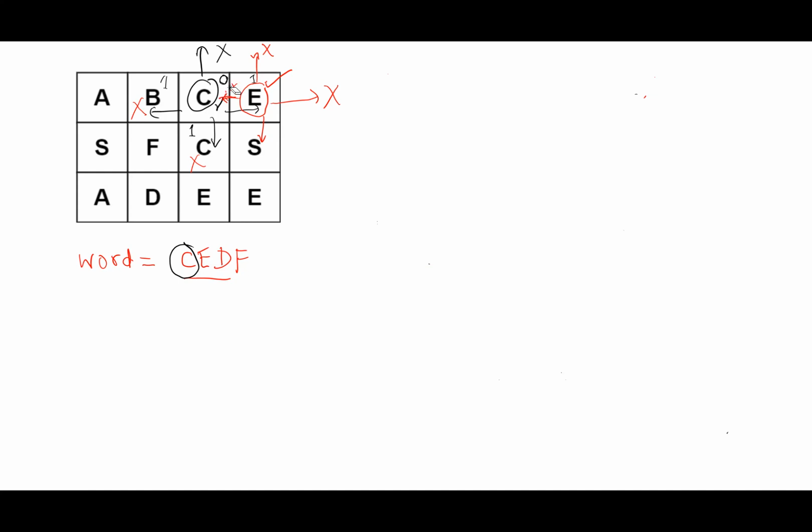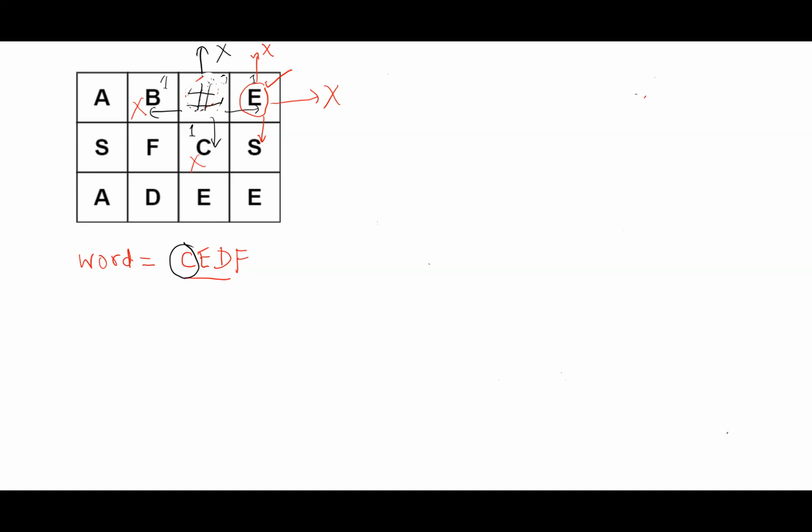So how do I make sure that I can't reuse? One way to do that is to mark this character as visited. A simple way to do that in the code is to temporarily replace this with another character, say something like this.